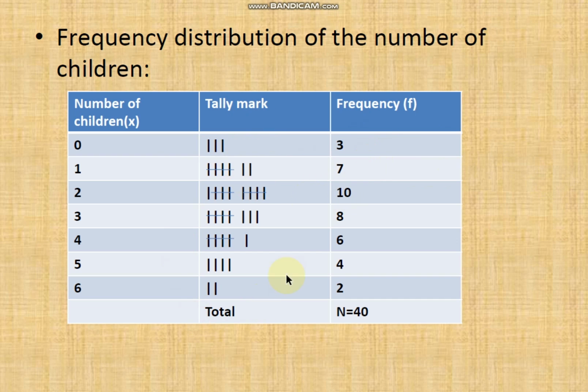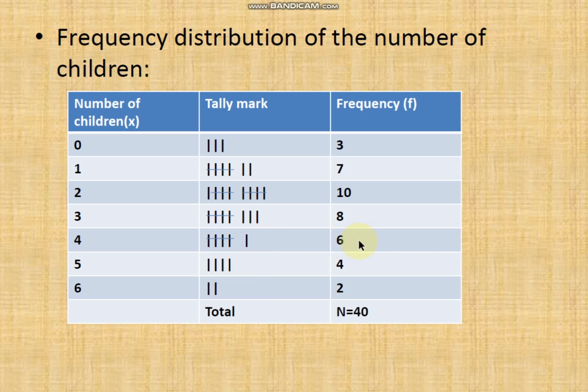Once this is over, you have to count the number of tallies here. Here it is 3 tally marks. So 1, 2, 3. So you write 3. 1, 2, 3, 4, and this horizontal line will be 5, 6, 7. So you write 7. 1, 2, 3, 4, 5. 1, 2, 3, 4, 5. 10. 1, 2, 3, 4, 5, 6, 7, 8.